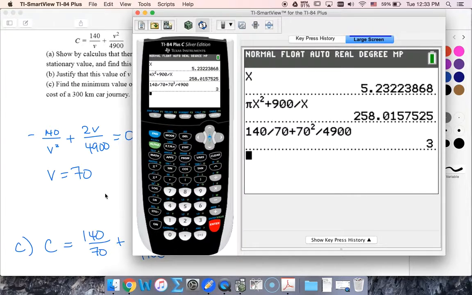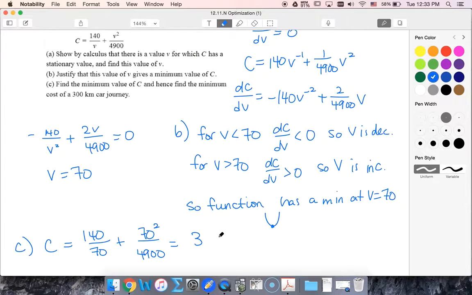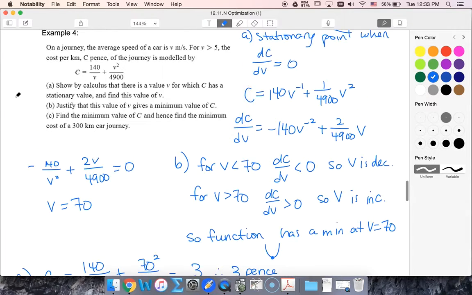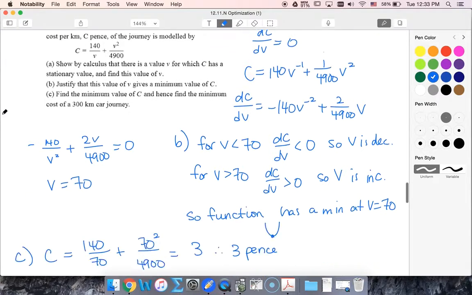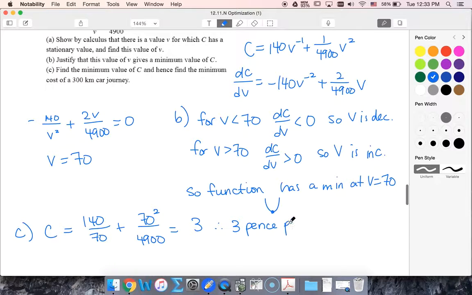I get 3. So this means I've got a cost of 3 pence. And what was my units? So cost per kilometer in pence is using this function. So my cost is 3 pence per kilometer at a speed of 70 meters per second.